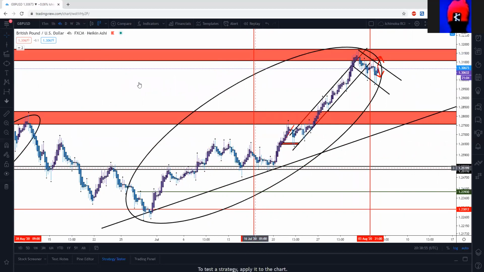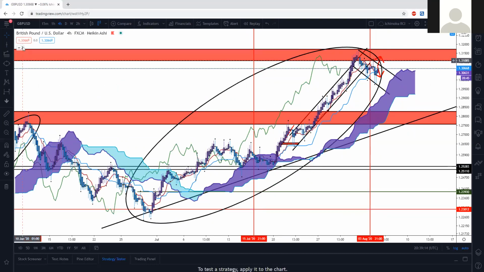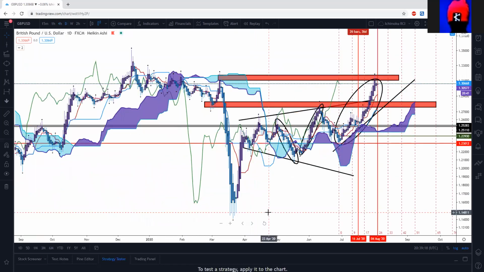And you would have held this trade anyway, because you got all this cloud action until it broke underneath the cloud, and that's when you probably want to get out. But you had no reason to get out. It never went below your trend line, and you're still in profit the whole time as well. So there was no reason to get out of there.